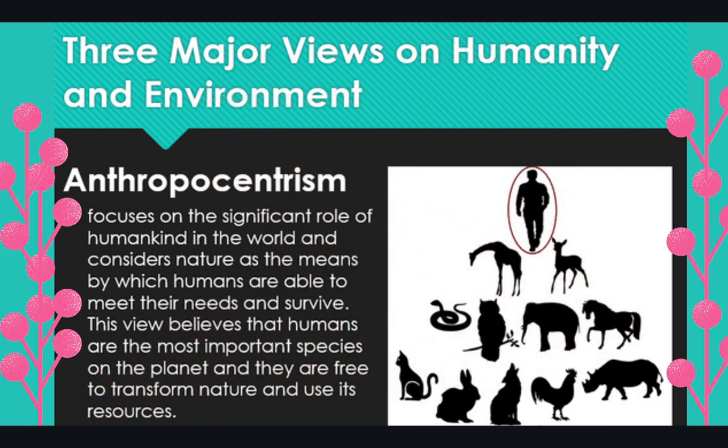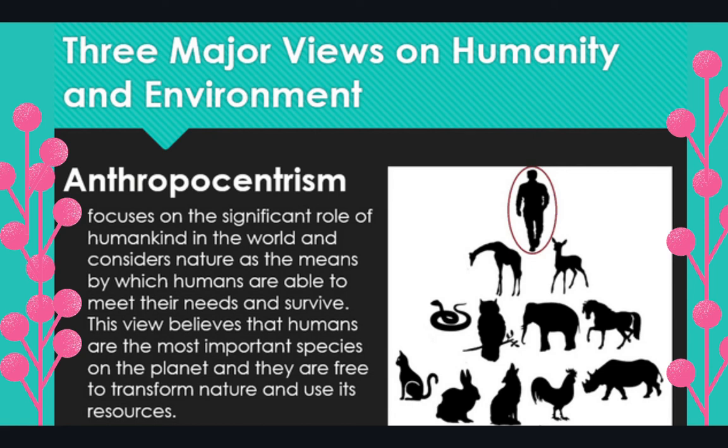Wherein, this pertains to our relationship with nature. First, let me introduce anthropocentrism. Anthropocentrism focuses on the significant role of humankind in the world and considers nature as the means by which humans are able to meet their needs and survive.